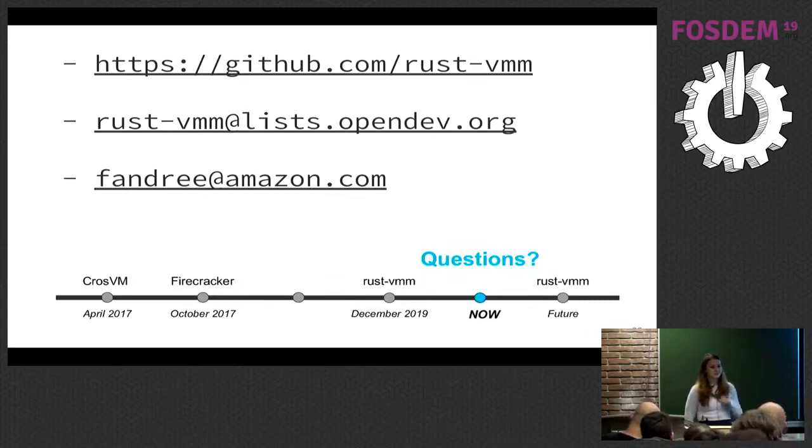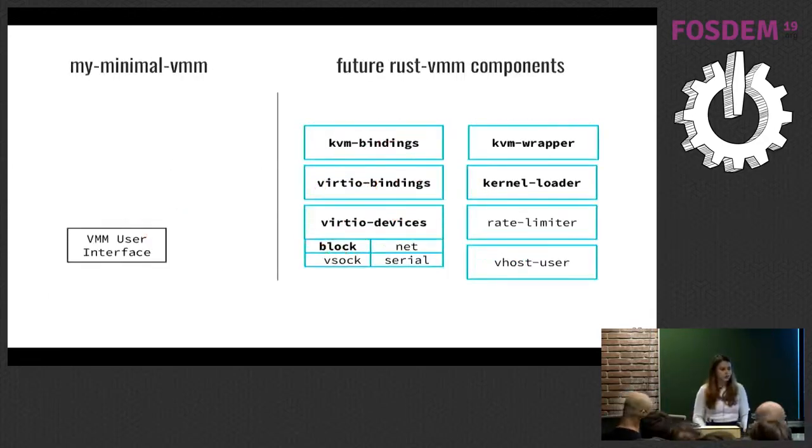Yeah. So you said that in your first version of the presentation, you had crates and so on. Does that mean that all those crates are already available on crates.io? So the question was whether these crates are already available on crates.io. The only thing that we actually have in Rust VMM now is the crate KVM bindings.